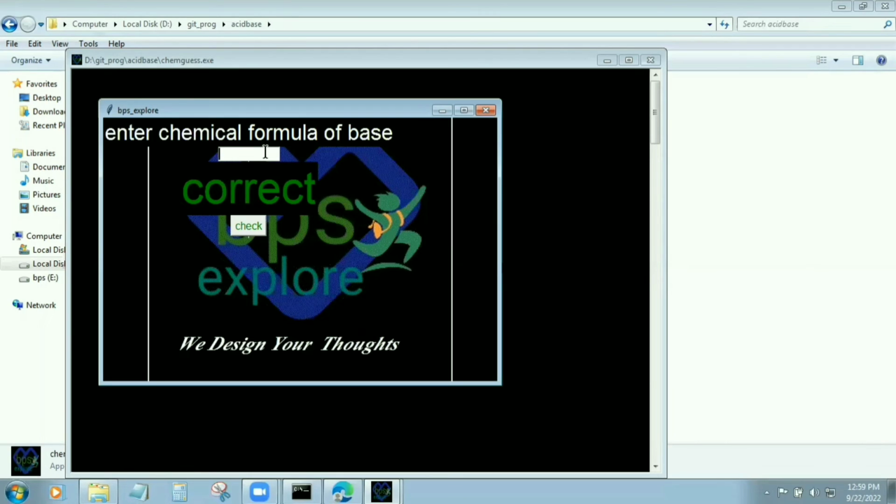So it's a base and it's correct. Now again, you want a base, and I give a wrong one: bromine hydroxide. It's again a base. Okay. It's wrong.